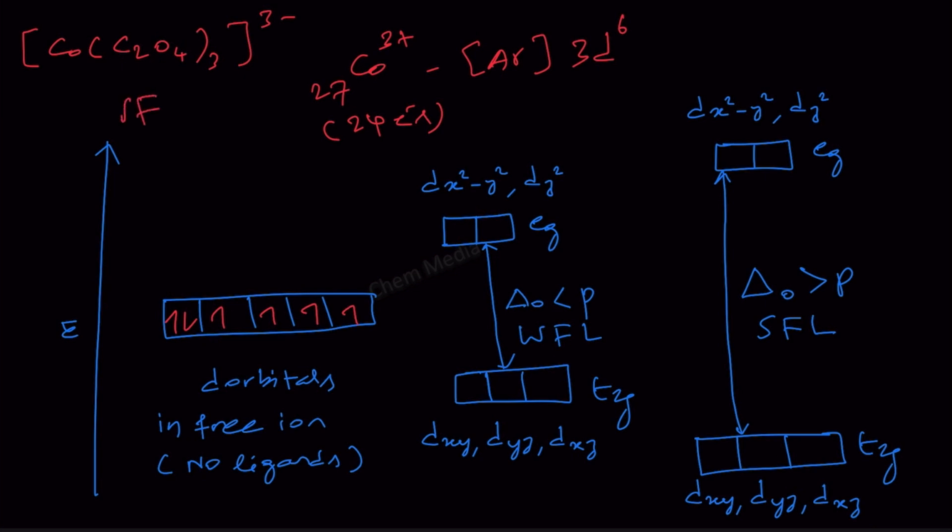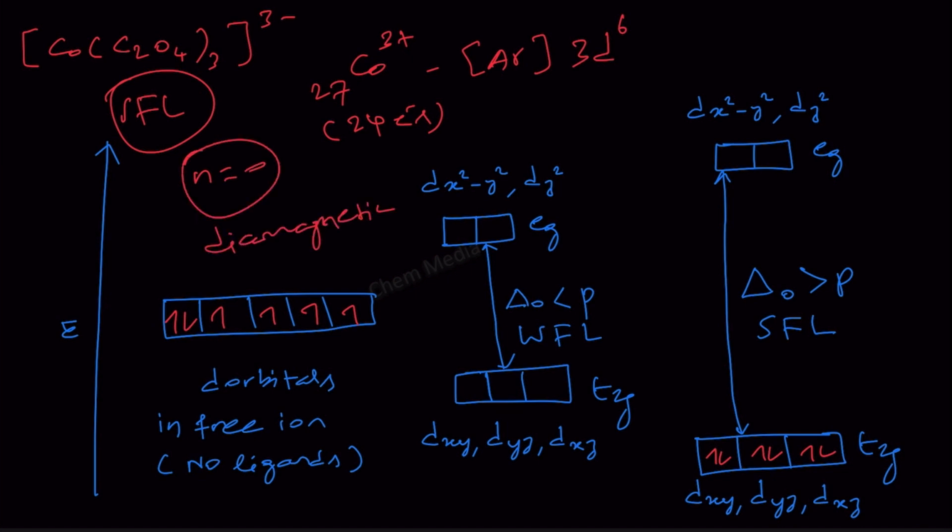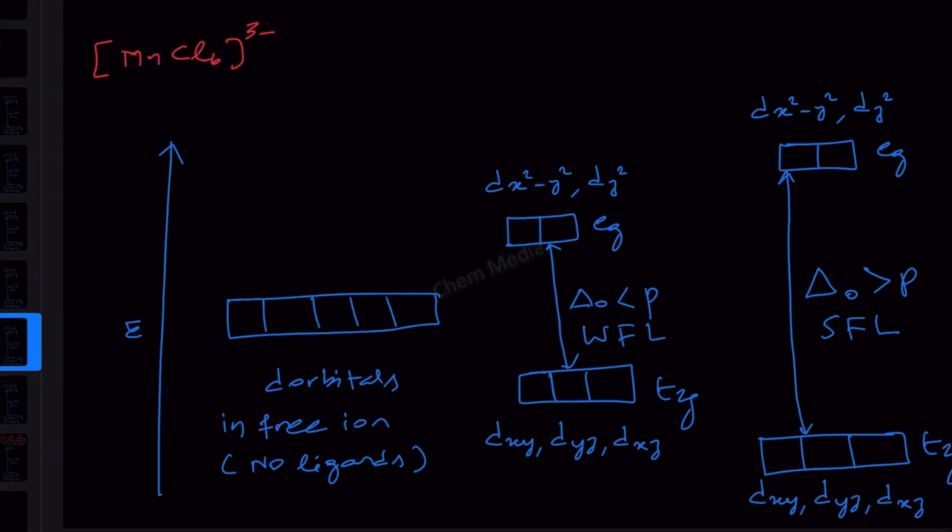We have to consider oxalate as a strong field ligand because of the metal ion having a higher oxidation state, and therefore pairing will occur. So this means that we will not have any unpaired electrons here. Therefore, this is diamagnetic. The hybridization is d2sp3. However, we shouldn't count this because it is a diamagnetic complex. How about the next one?